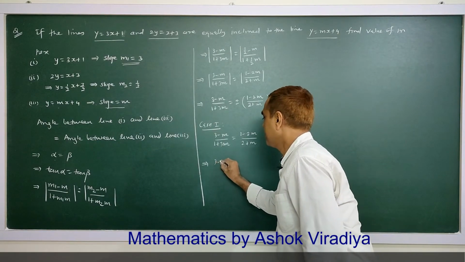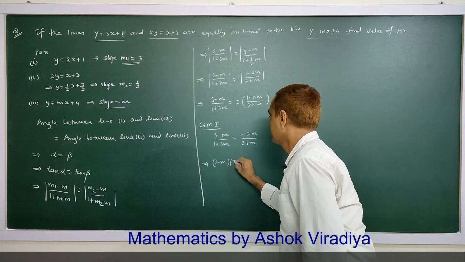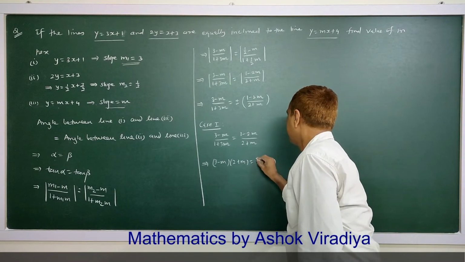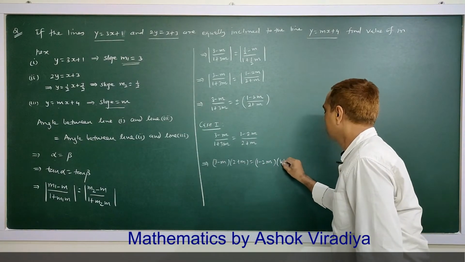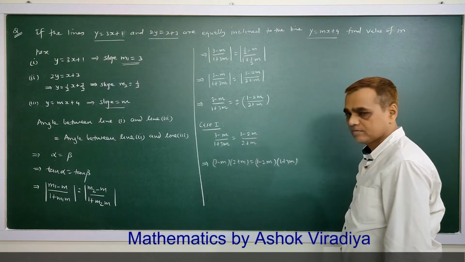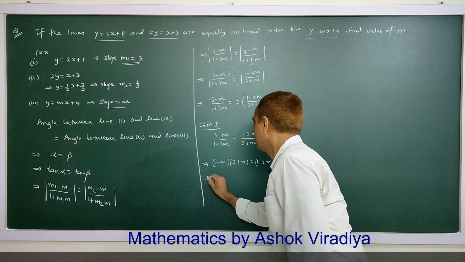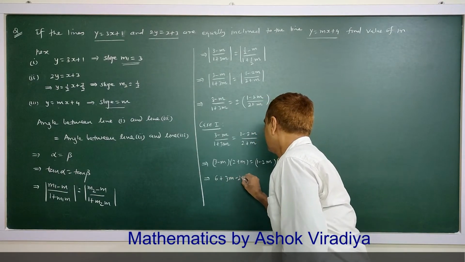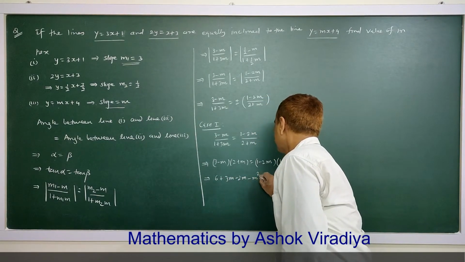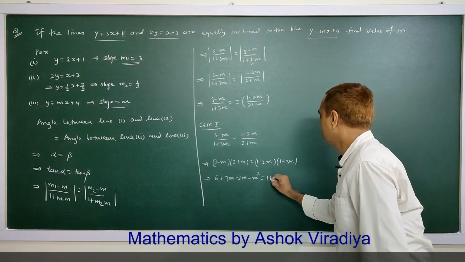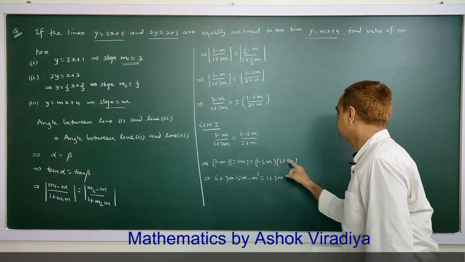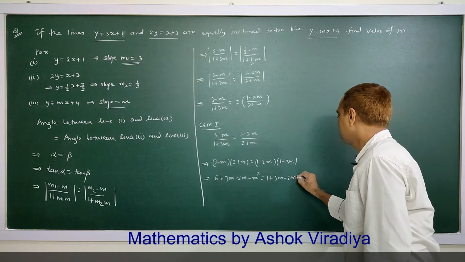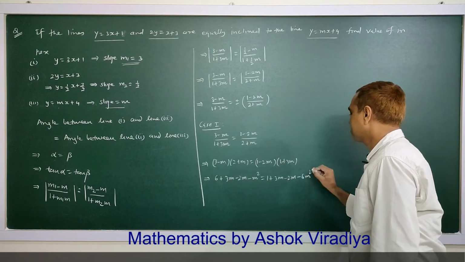So 3 minus m into 2 plus m equals 1 minus 2m into 1 plus 3m. That is 3 into 2, 6, plus 3m minus 2m minus m square equals 1 plus 3m minus 2m minus 6m square.